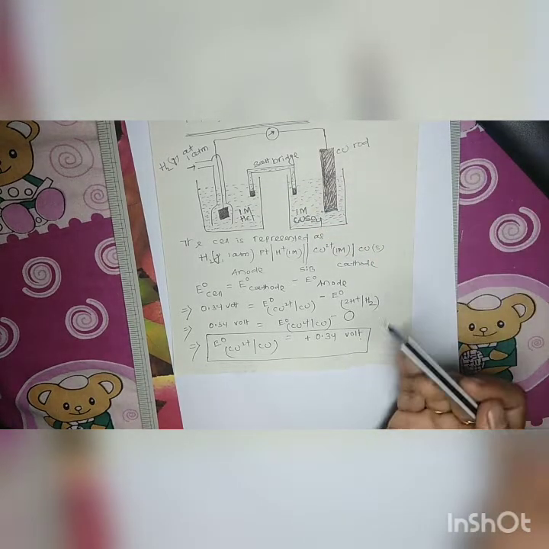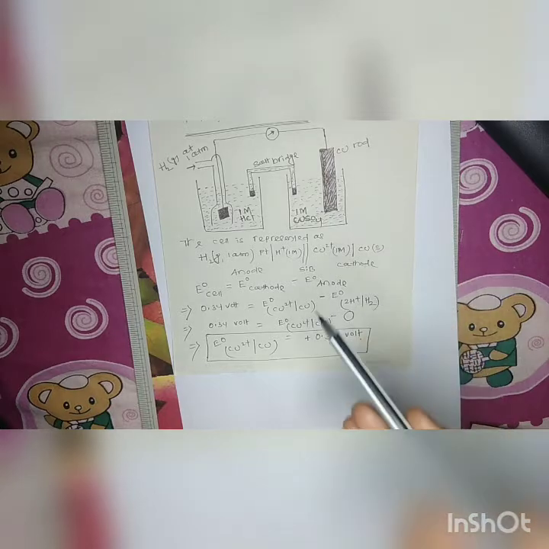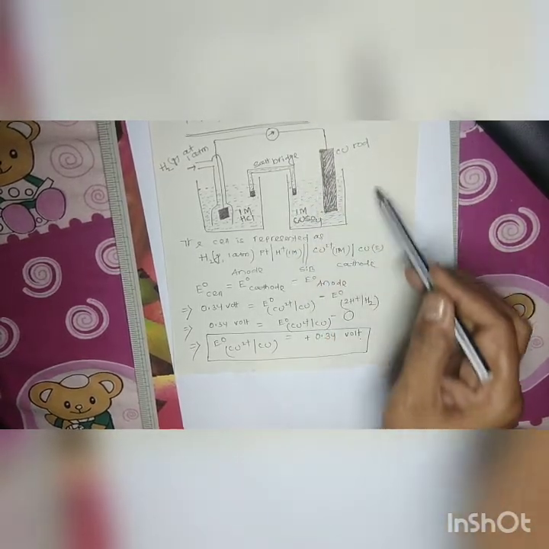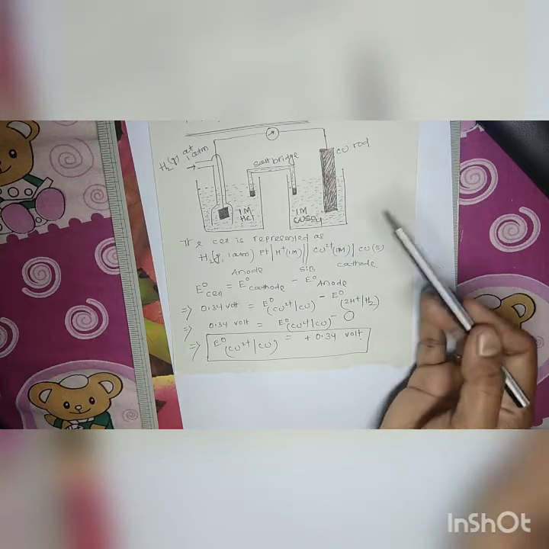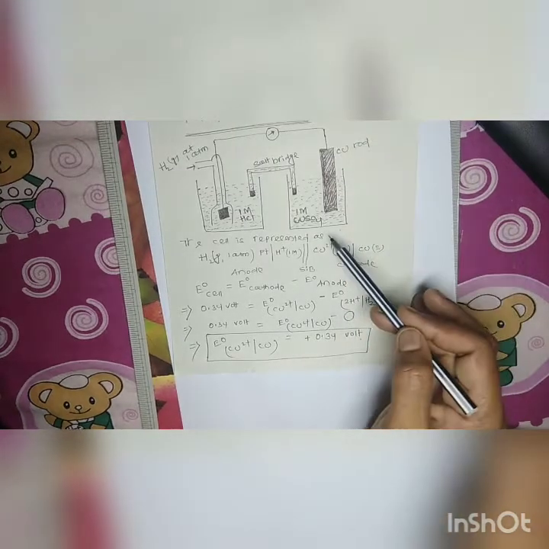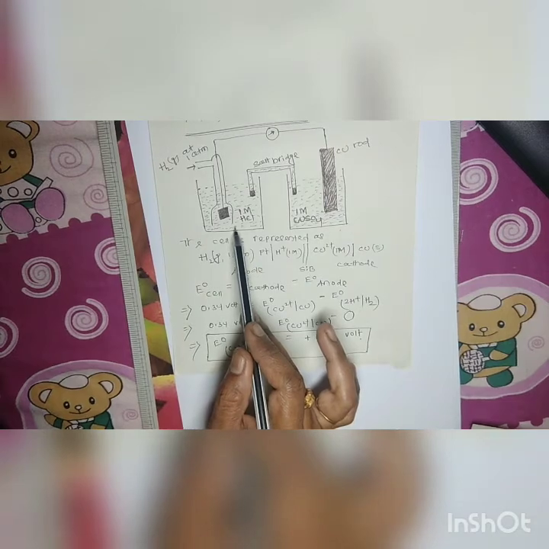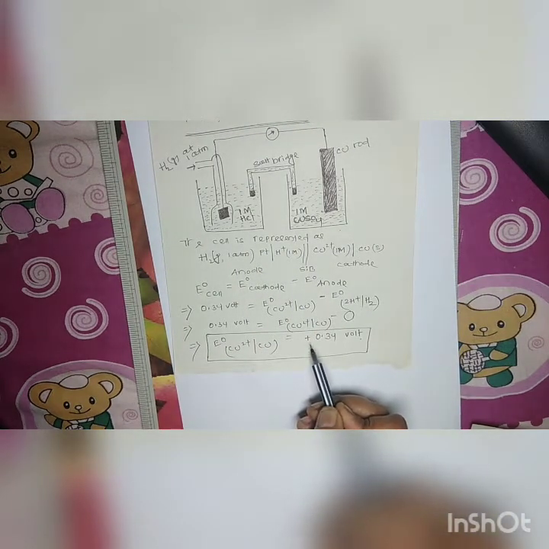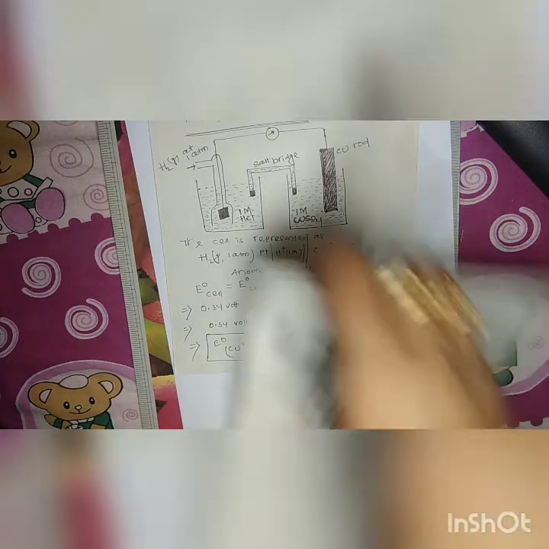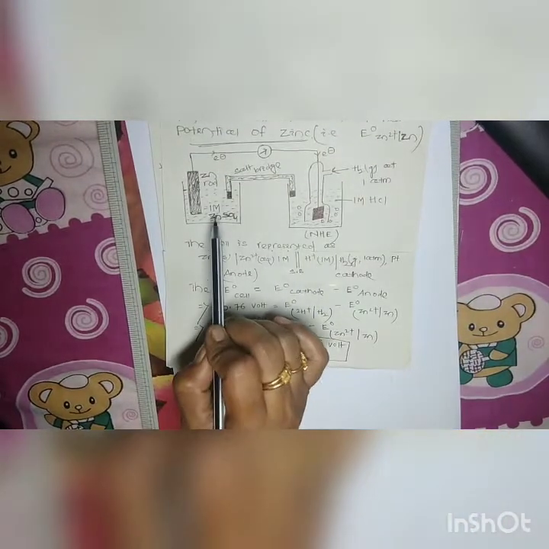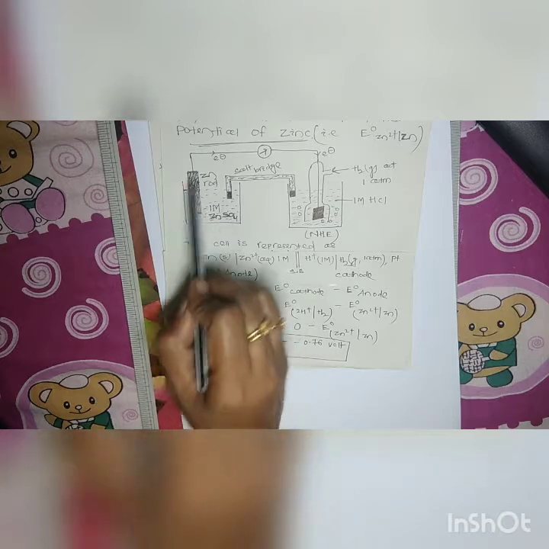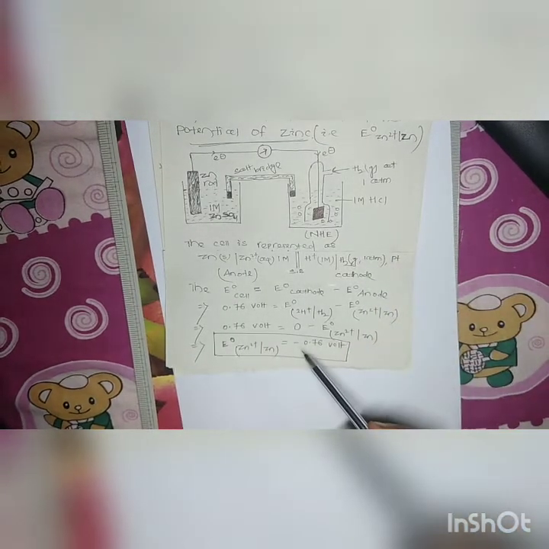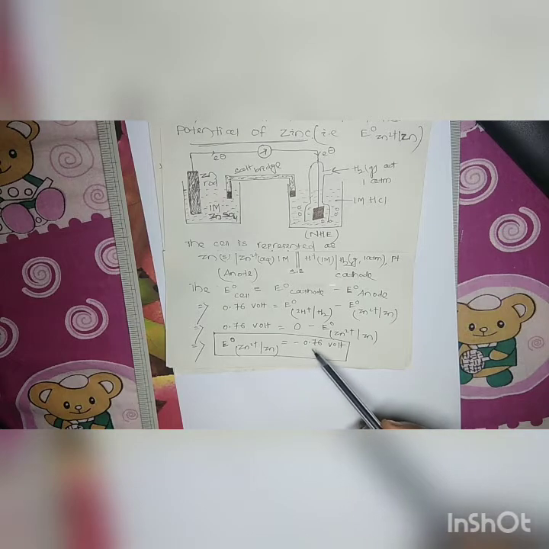There is a rule. The electrode in which reduction reaction takes place with reference to SHE or NHE is assigning a plus value of reduction potential, and the electrode in which oxidation reaction takes place with reference to NHE or SHE is assigning a negative value of reduction potential.